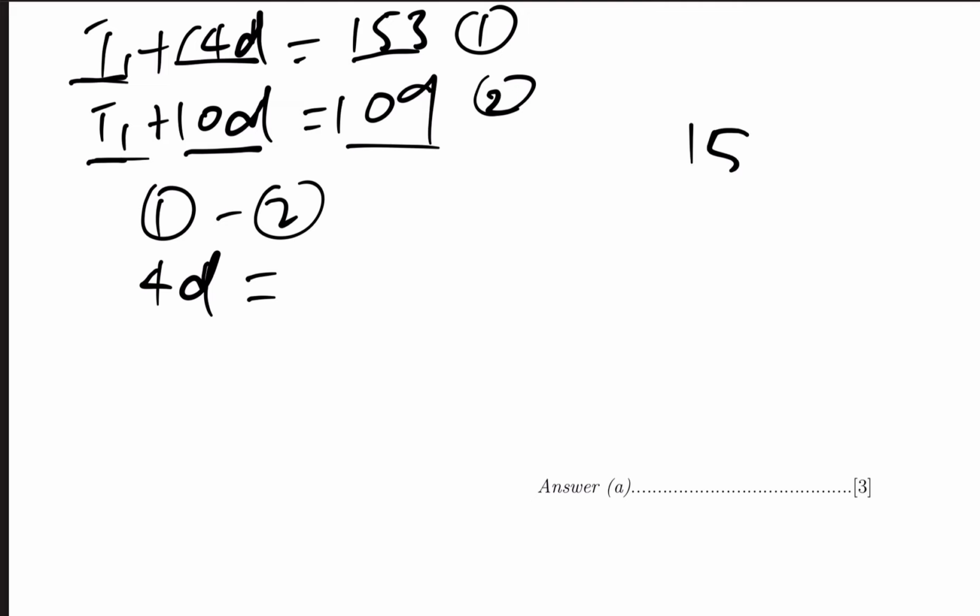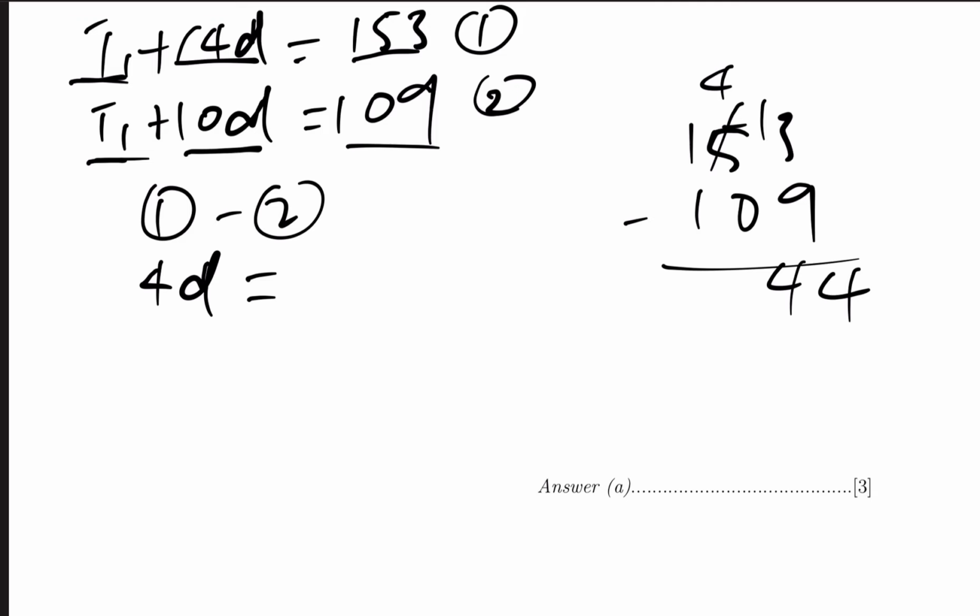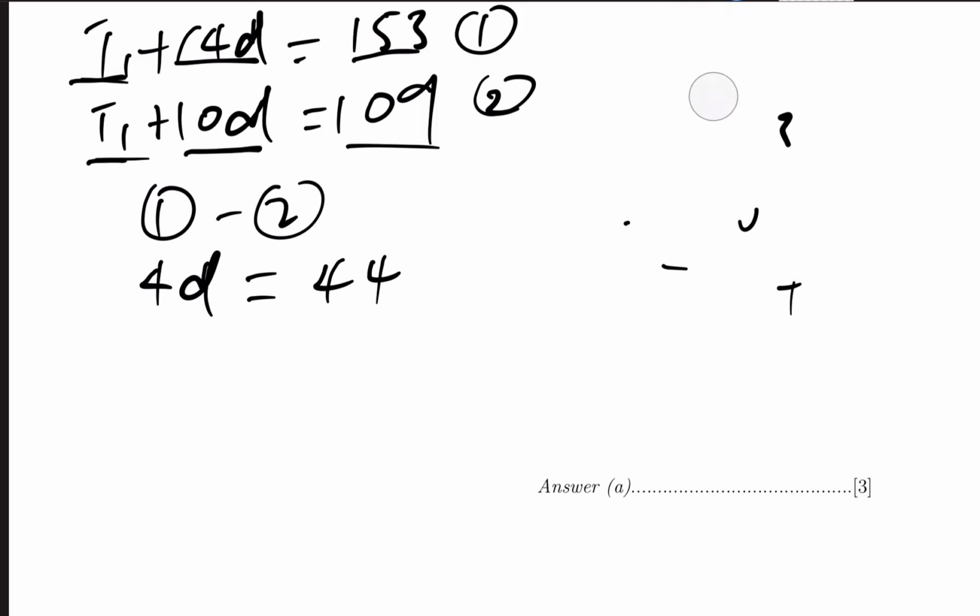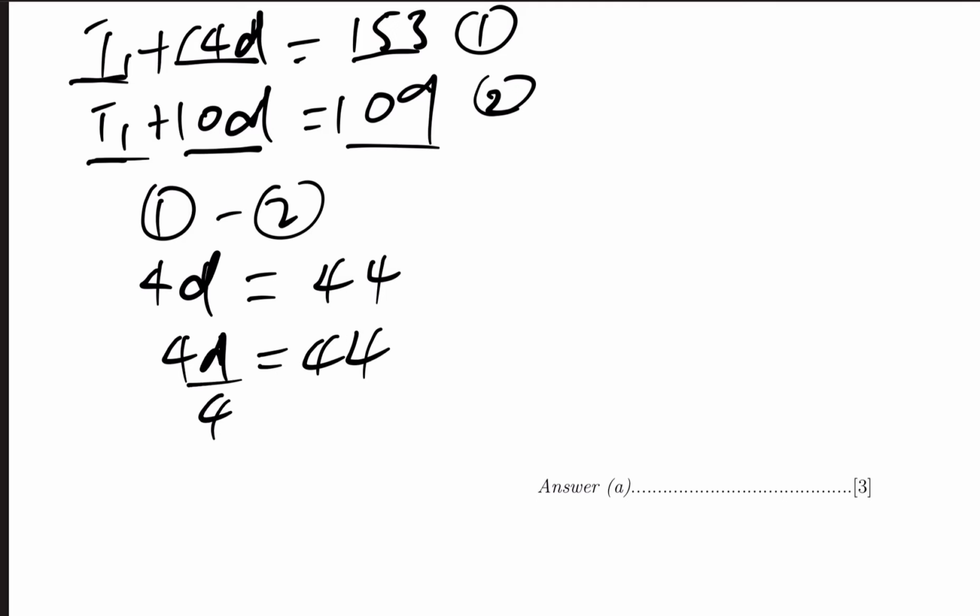Okay, 153 minus 109, that's 44. So this one is now an easy equation: 4d is equal to 44. So I just divide by 4 on both sides, and we get that d is equal to 11.